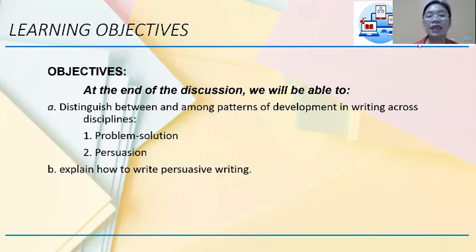Another one is to explain how to write persuasive writing, and hopefully give examples of paragraphs through persuasion and problem solution. So these are our learning objectives for this morning.